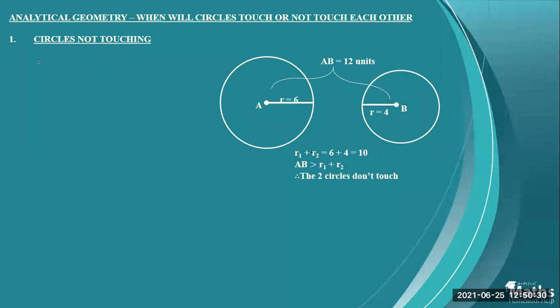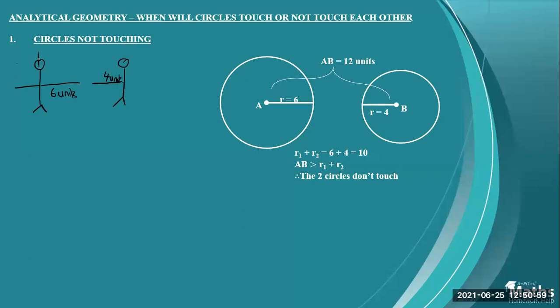I like to compare this with human beings standing there with their arms stretched out. What if this is a human being with an arm and the distance of the arm is 6 units? Then on this side, I sit with another human being and this person is stretching out his or her arm and it's a distance of 4 units.